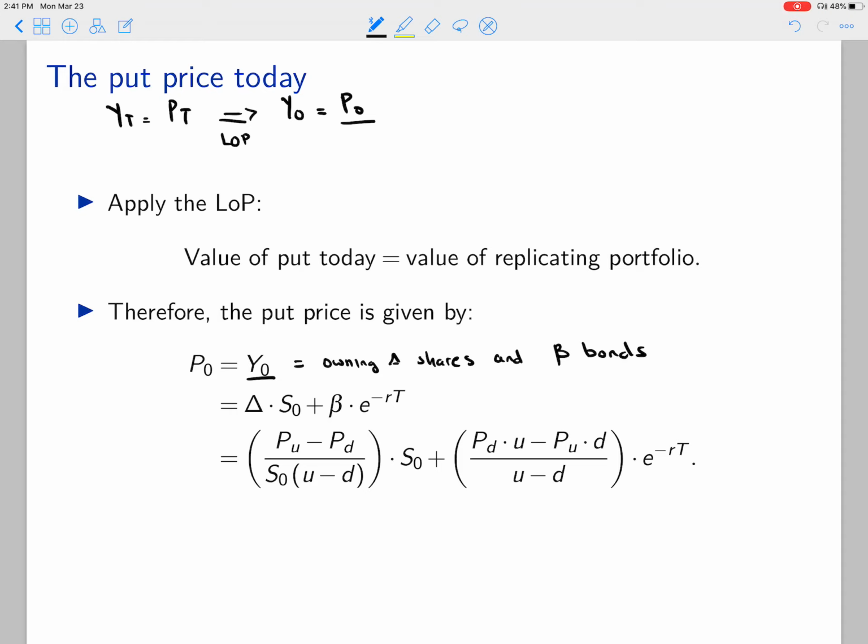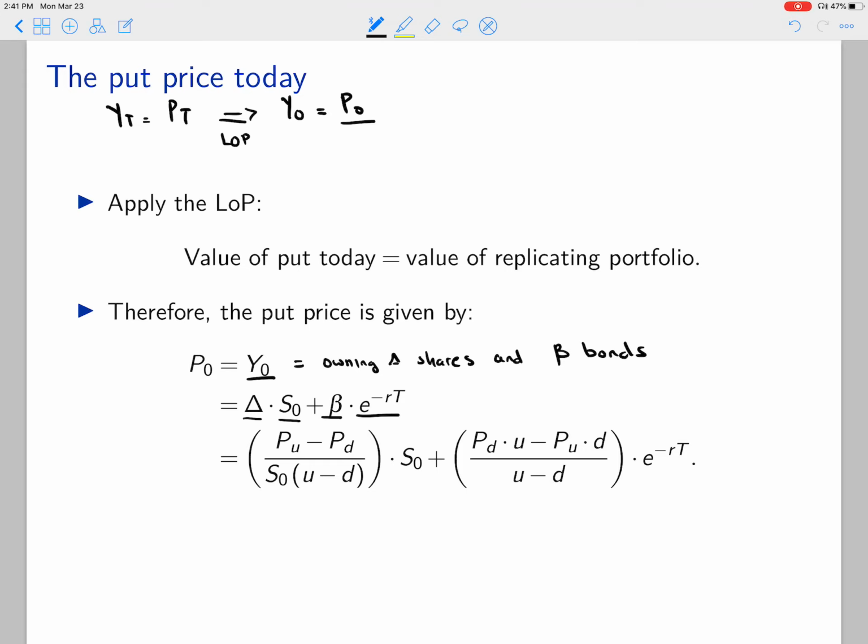Well, if you own delta shares and beta bonds, we want to know what the cost is or what the price is. For each share delta, the cost of each share is S sub 0 at date 0. For each bond beta, the price of this is e to the negative RT. It's just a discount factor. And so the cost of owning the replicating portfolio Y0 is just delta times the price of the stock today plus beta times the price of the bond today.